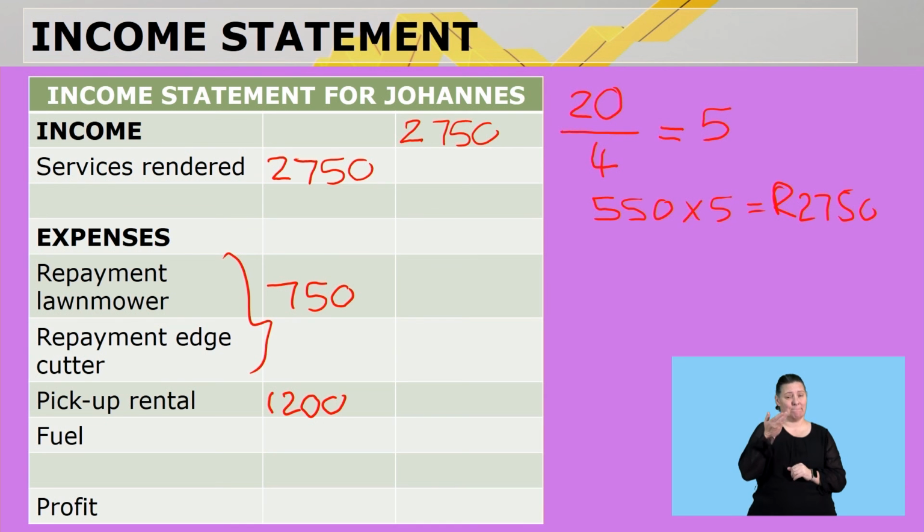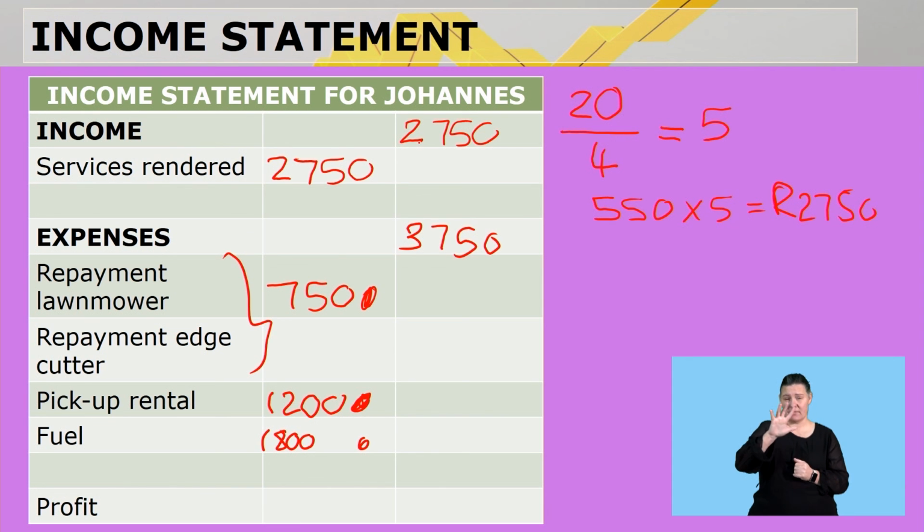And then fuel went up, so it's going to be 1,800. So then we add up the 750 plus the 1,200 plus the 800, and then you'll see the total expenses is now 3,750.